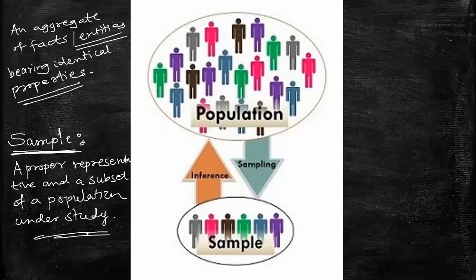But let us try to understand why and where this technique is going to be used. Definitely you can give me some examples wherein the sampling technique is used to make conclusions about the entire population.